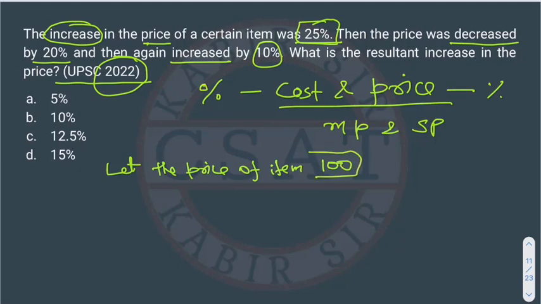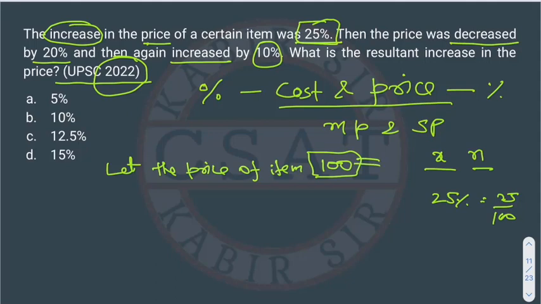In other scenarios we consider x, but in percentage we consider 100, 100x, or 1000, so that numbers don't come in fractions. When we talk about 25%, it will be 25 upon 100, so the calculation will be easy. That's why we consider 100x or 100. Here we are considering 100 only.